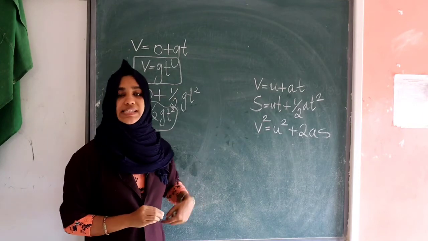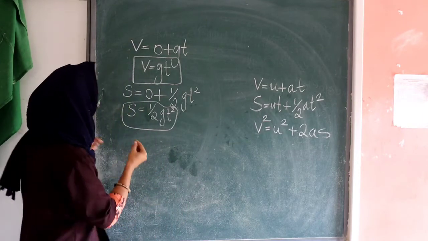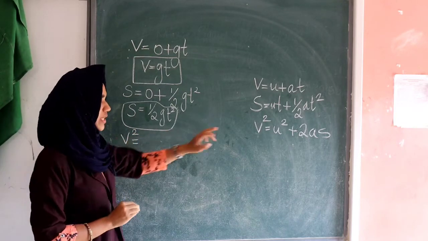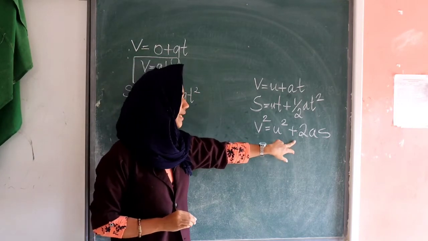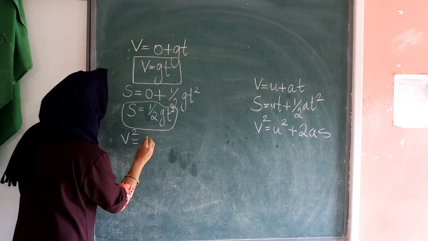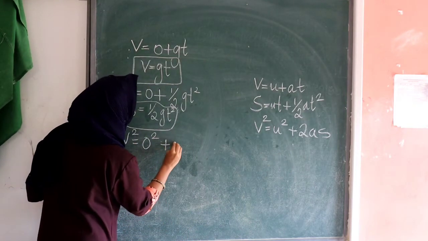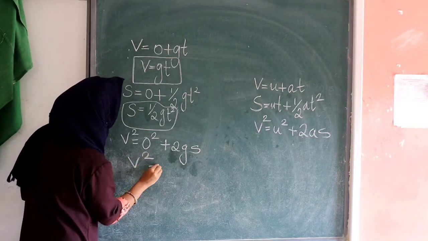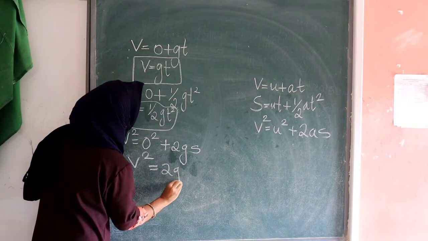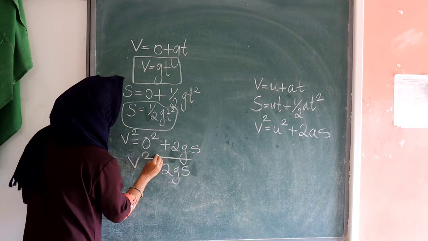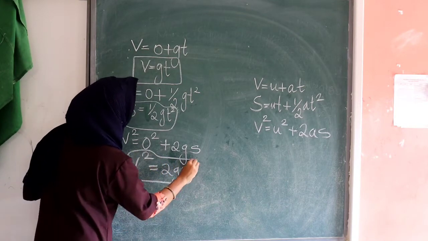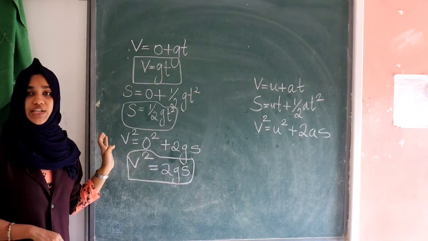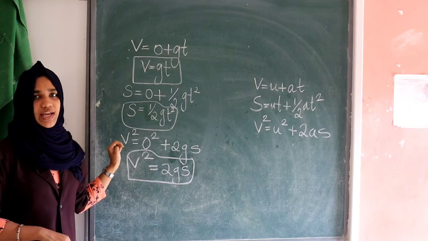Then how can we write the third equation? V square equal to 0 square plus 2GS, so V square is equal to 2GS. These are the three equations of motion when an object is falling under acceleration due to gravity.